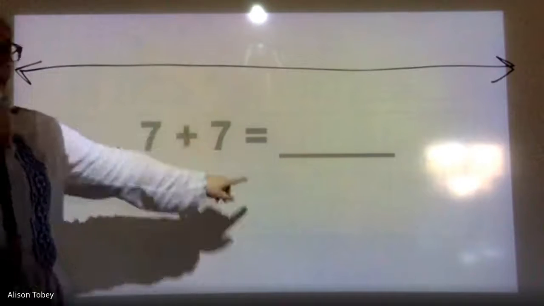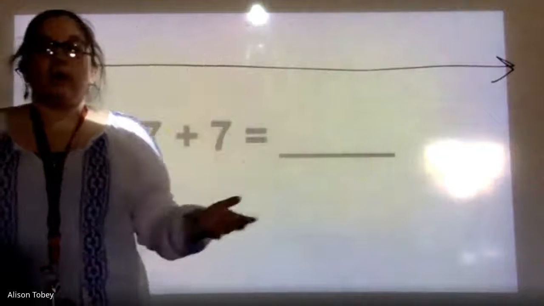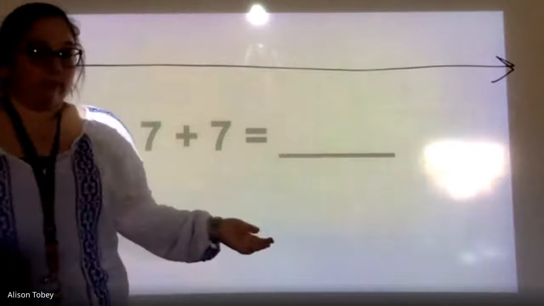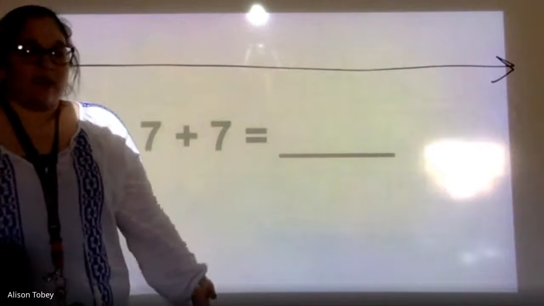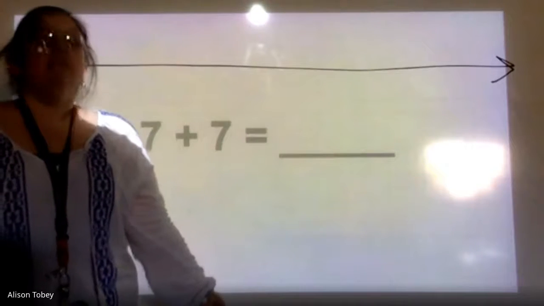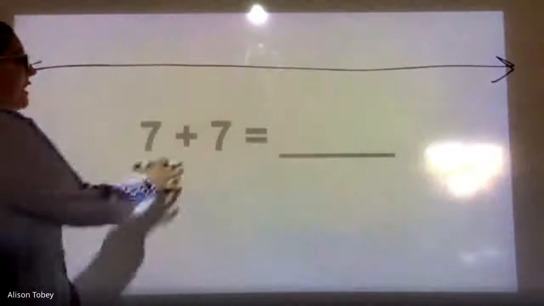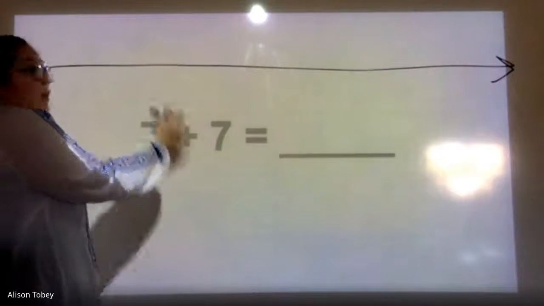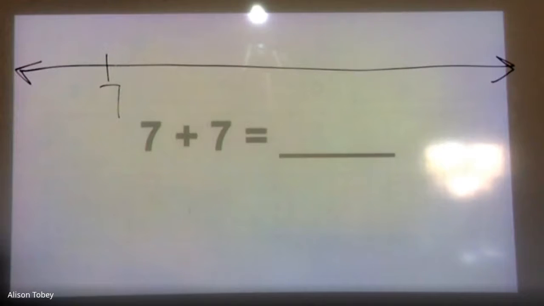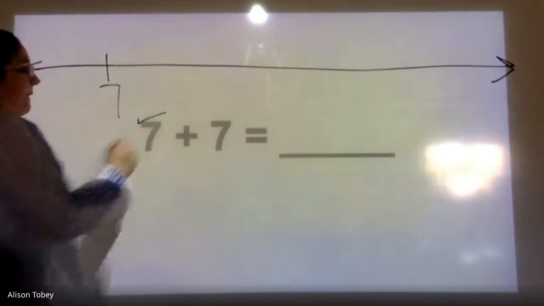Now, I want you to shake your head yes or no if it's a doubles. 7 plus 7, is that a doubles? Yes. Okay, so we're gonna start with 7 because they're the same, aren't they? So let's start with 7. Now, we already used this 7, didn't we?